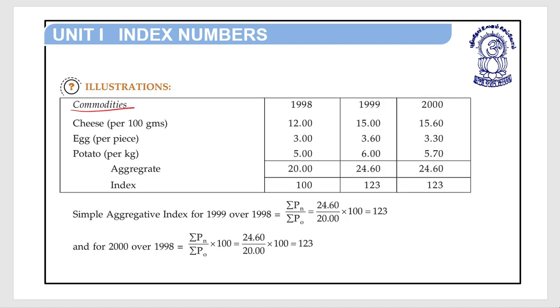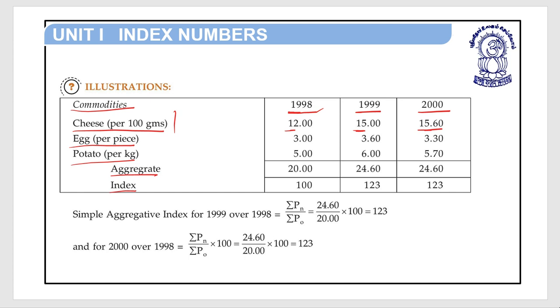Illustration: commodities are cheese per 100 grams, egg per piece, potato per kg, with the aggregate and index. These are the commodities, and these are the years: 1998, 1999, 2000. Cheese is 12 rupees per 100 grams, 15 rupees in 1999, and 15.60 rupees in 2000.